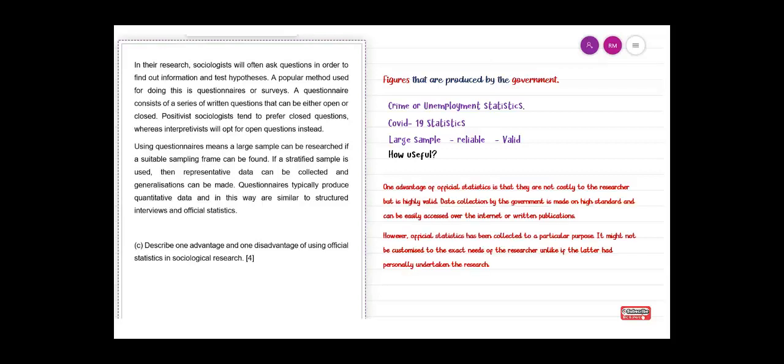Official statistics is collected often on the whole population and is highly reliable and valid. But you have learned that it might not be totally useful to the researcher, as it might not be what the researcher requires. So one good answer might appear as follows.